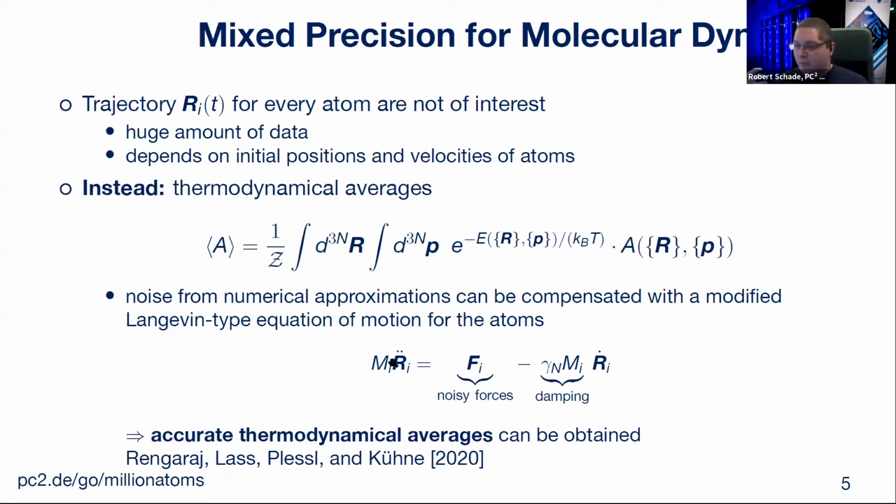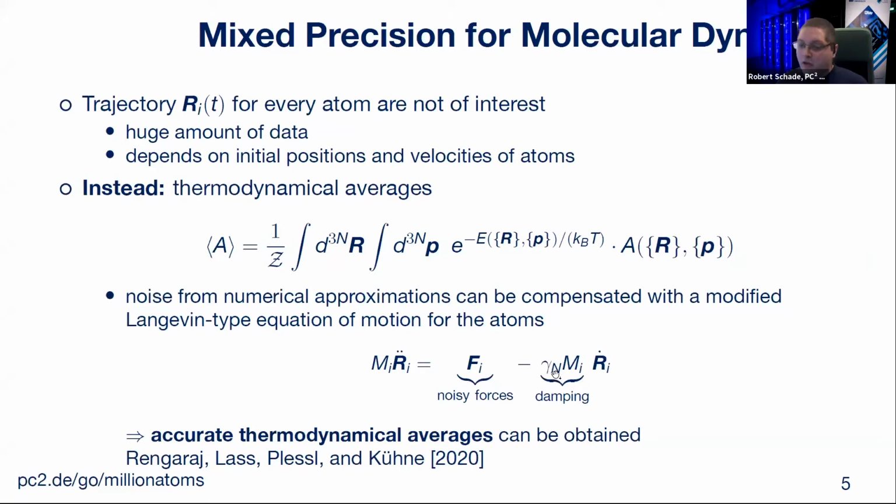In addition to the Newton-type equation, where we have mass times acceleration equals forces, in our case these are now the noisy forces that stem from the approximate calculation with lower precision. We also have a damping term that's velocity dependent and has a damping parameter gamma.